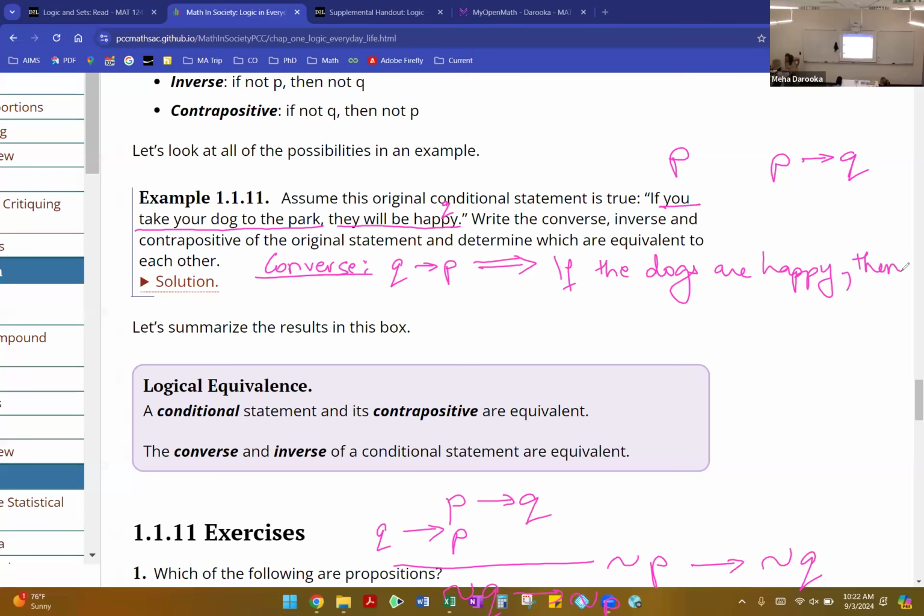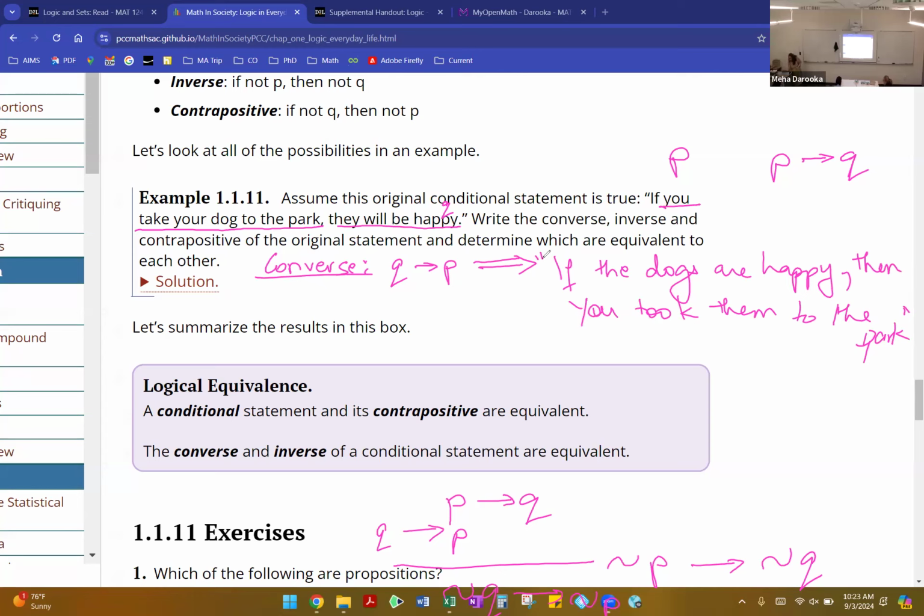Then you took them to the park. So that was converse, just switching the Q and the P.